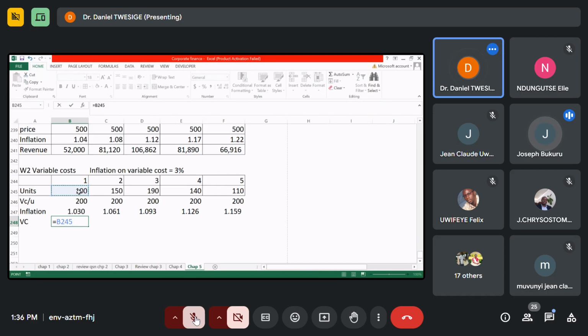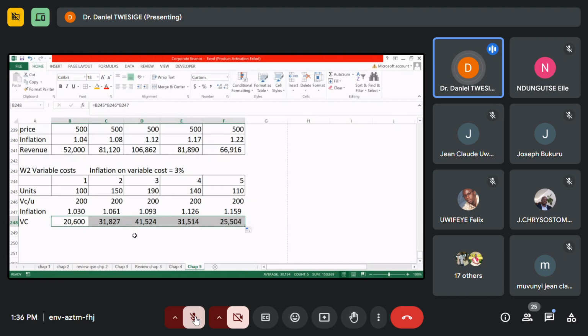Get the units, nominal variable costs, times the cost, times the inflation. That will be the inflation on my variable costs.